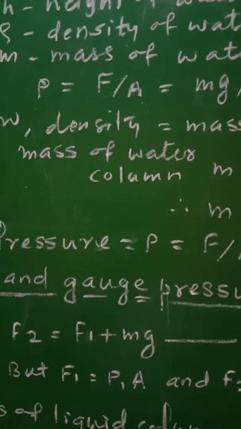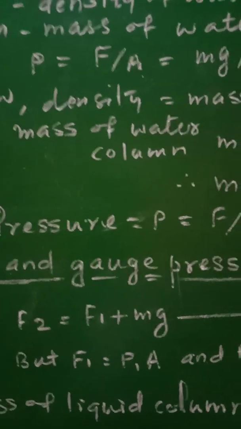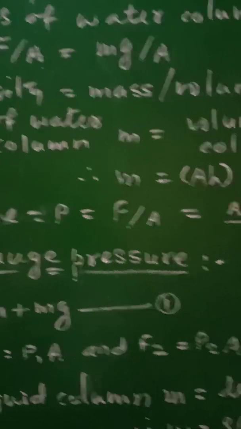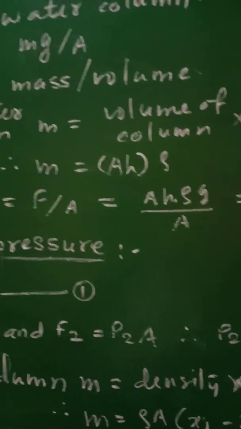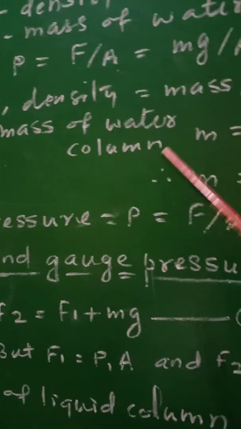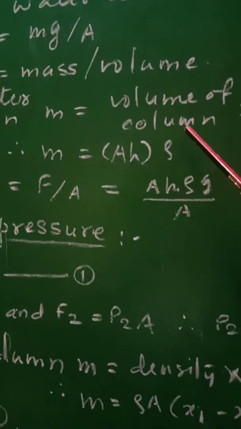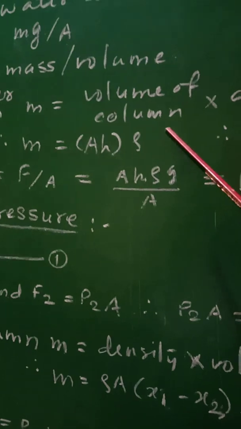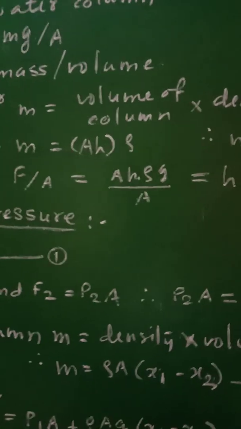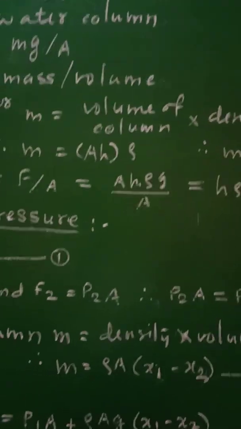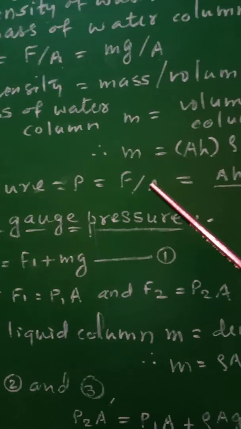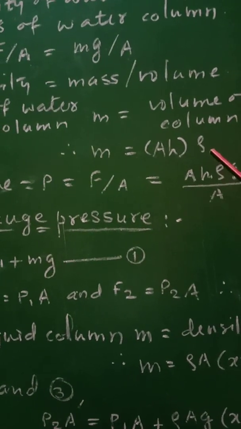But the density of any liquid is given by the formula density equal to mass per unit volume, and therefore in this case the mass of that water column M will be calculated as volume of water column into density of water. So mass will be equal to volume into density, and therefore now in this case M will be equal to AH into rho.